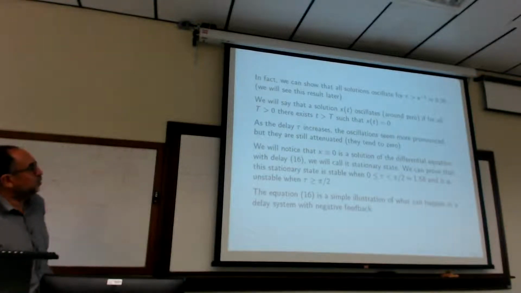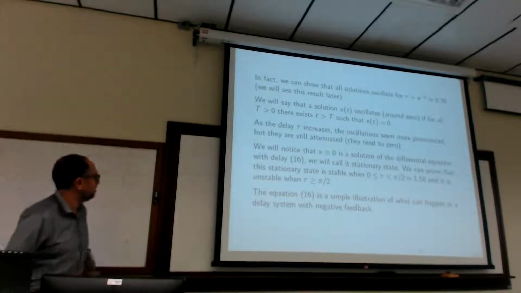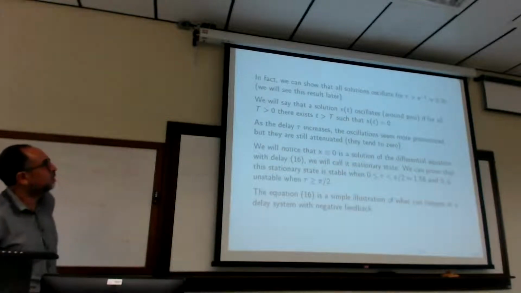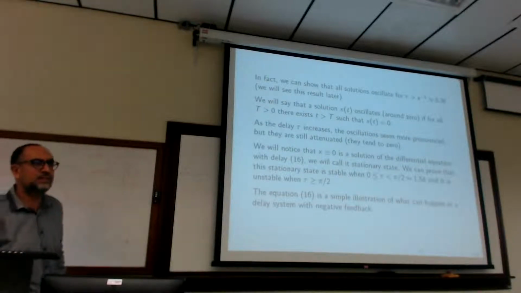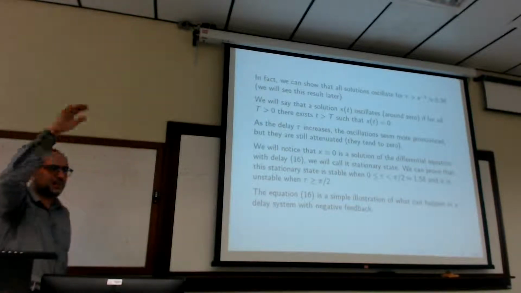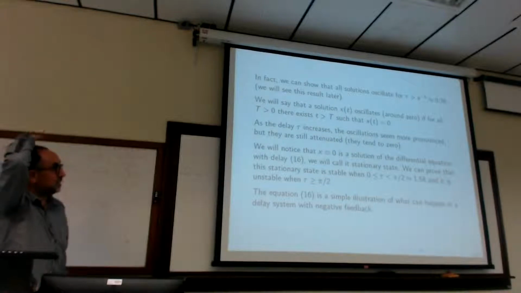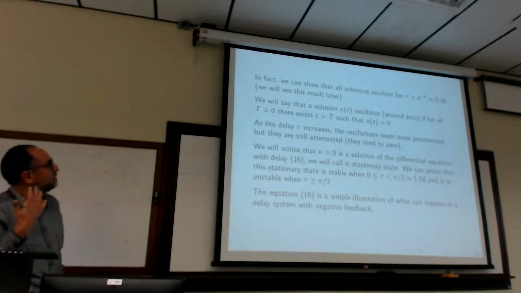In fact, we will show analytically that all solutions oscillate when the delay for this center is greater than 1 over exponential. And what that means, oscillations, it means crossing 0 forever. This is exactly what you are expecting.